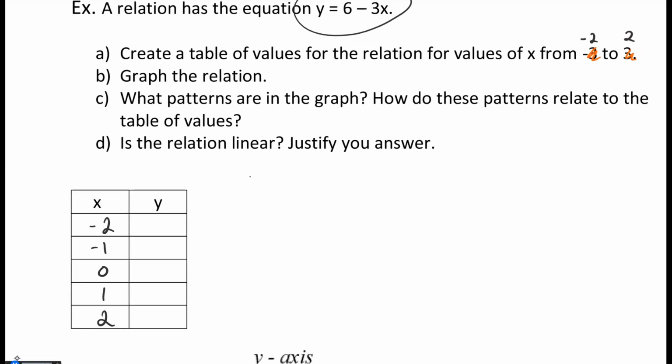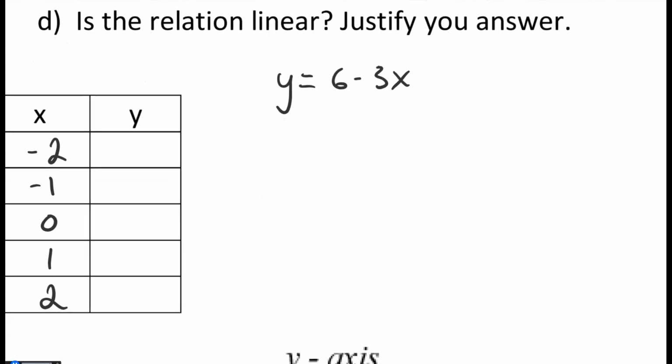So y equals 6 subtract 3x. Now this is already nice because they've isolated y for us. So we can just put in our x values. So -3 multiplied by -2 is our first x value. Y equals 6.